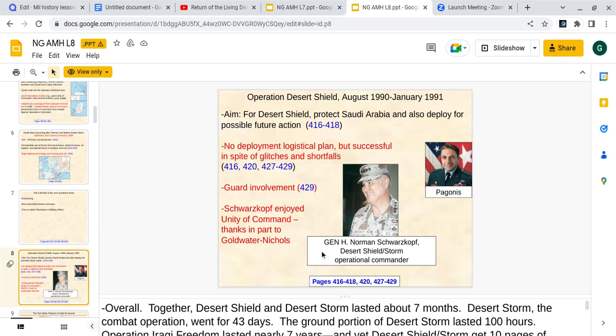And it showed during Operation Desert Shield, where Schwarzkopf, the general here, had great unity of command, and that is what is attributing to the success of Operation Desert Shield, even though they had no deployment logistical plan, but high technology that required logistical planning, it was still successful thanks to the Goldwater-Nichols Act, which gave General Schwarzkopf a greater unity of command on the battlefield.